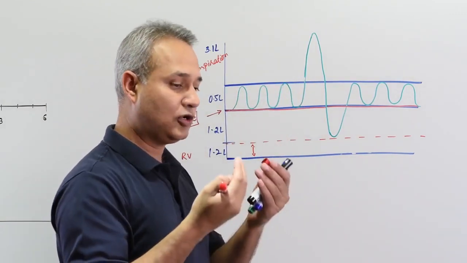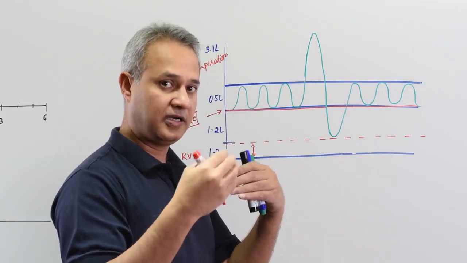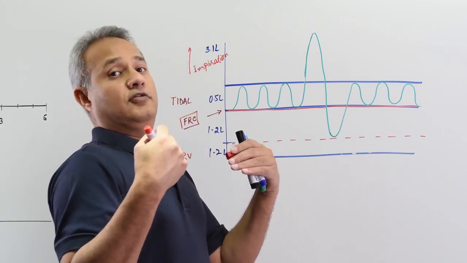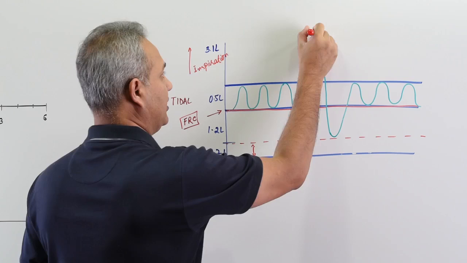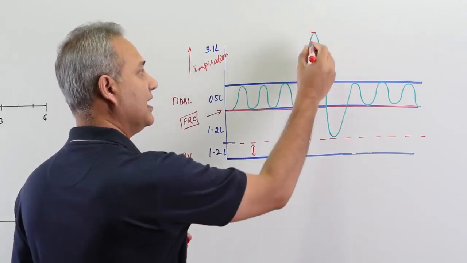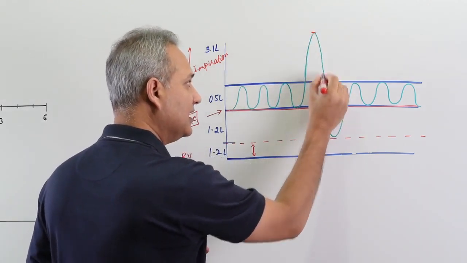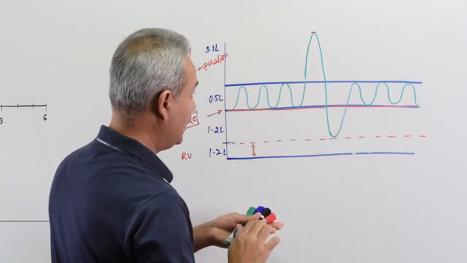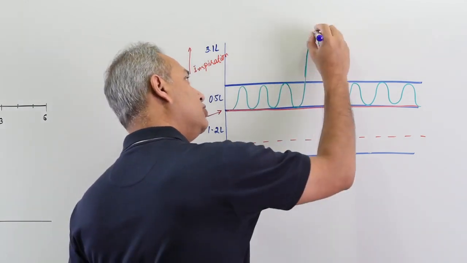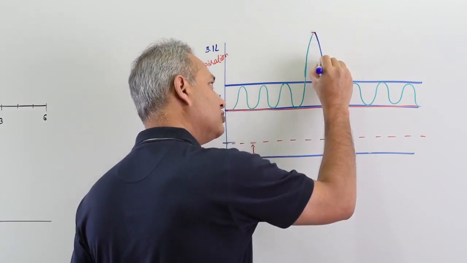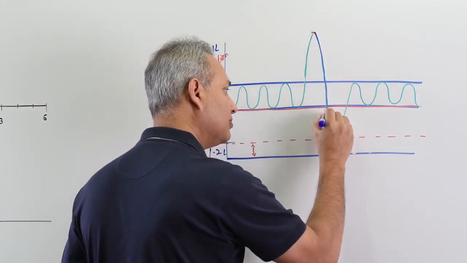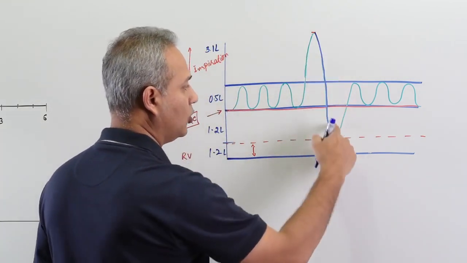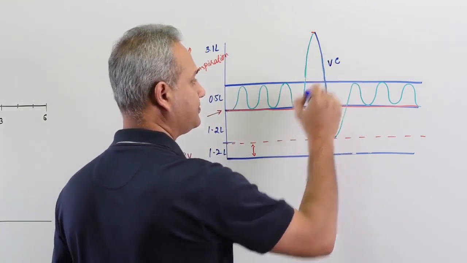That is, if I take a normal quiet breath in, and then continue to inspire further, forceful inspiration, then I reach here. And then as I start exhaling, if I keep going, this whole slope, which I'll make in blue here, which has the inspiratory reserve volume, then the tidal volume, then the expiratory reserve volume, this whole slope is called vital capacity.